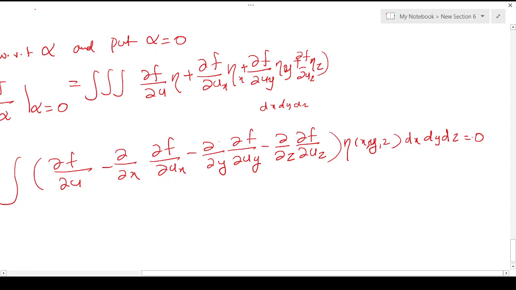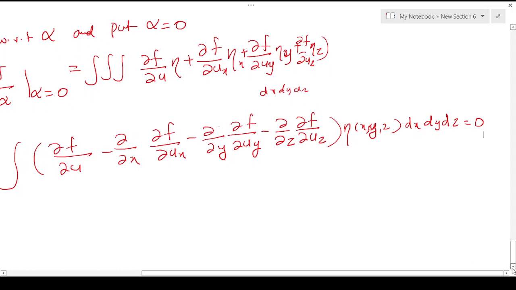Since eta of xyz is an arbitrary term, the term in the bracket yields an Euler equation for three independent variables.